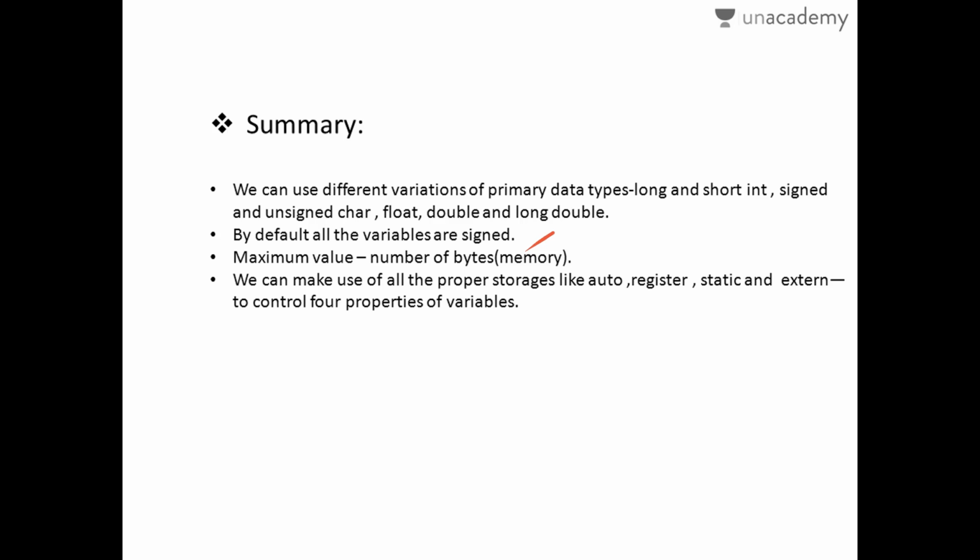And the maximum value depends on the number of bytes of memory allocated for that particular data type. We can make use of the storage classes auto, register, static, and external to control all the properties of variables, as per your requirement, whenever the situation calls for it.